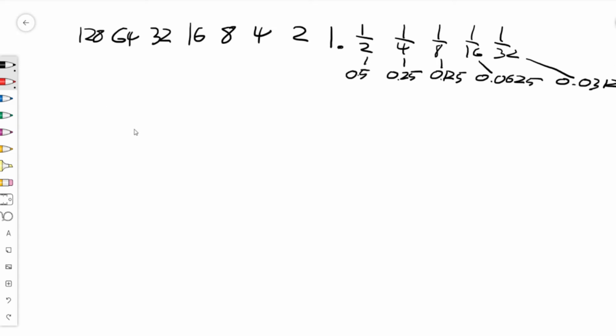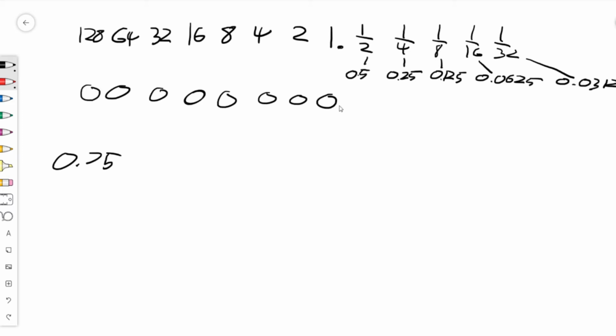But let's just take a quick look at a very simple fraction such as 0.75, otherwise known as 3/4. If we want to use our table here to denote a fraction the way we have previously, we'll start by filling all of these up with 0, because we know that none of these will fit, because 0 in binary is 0.